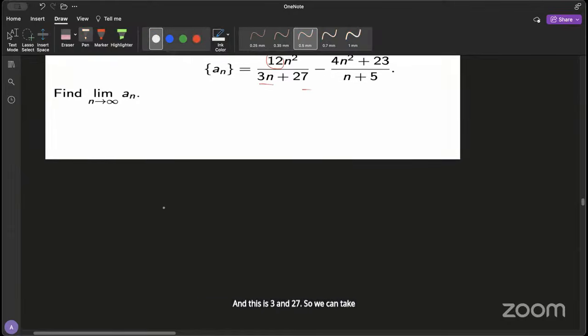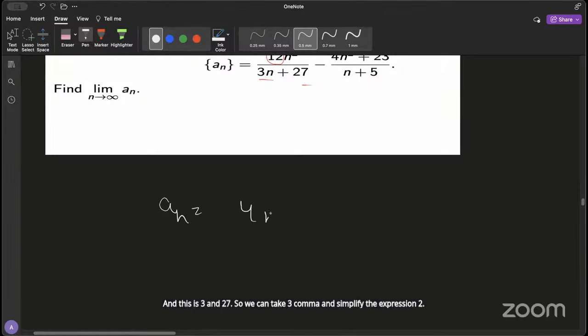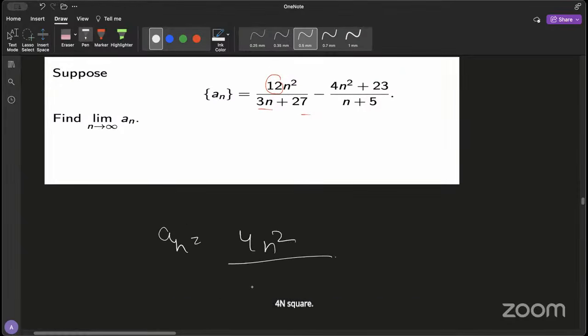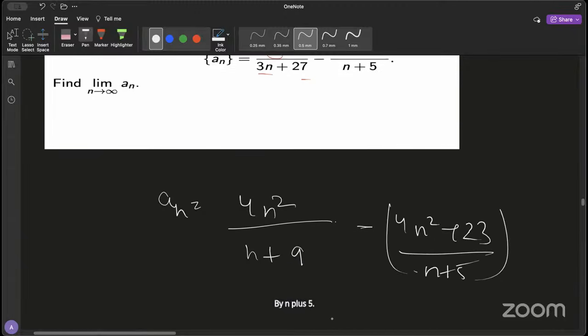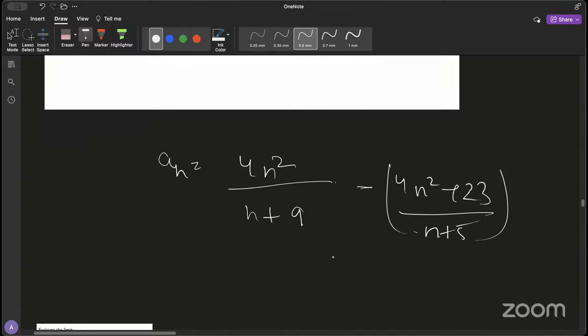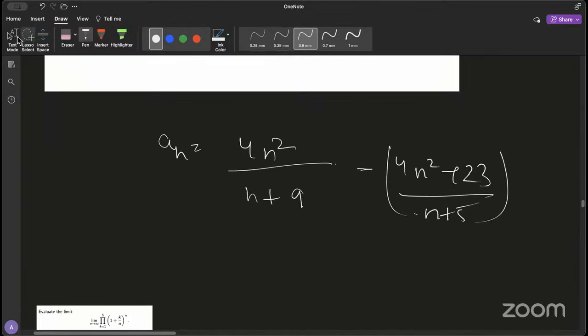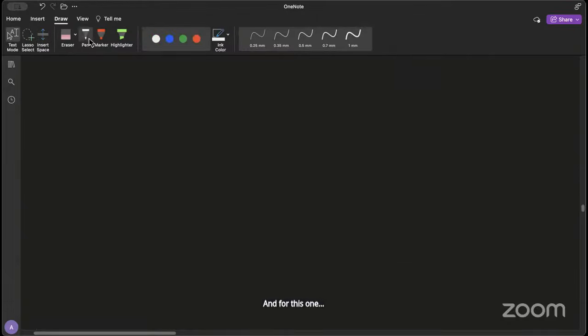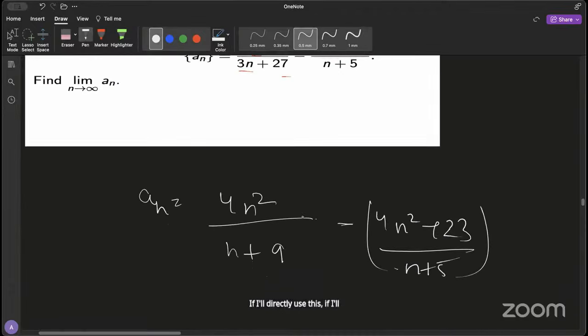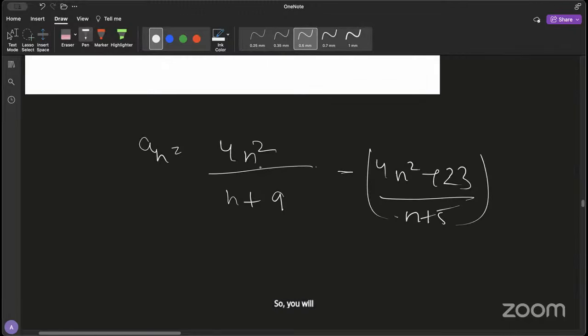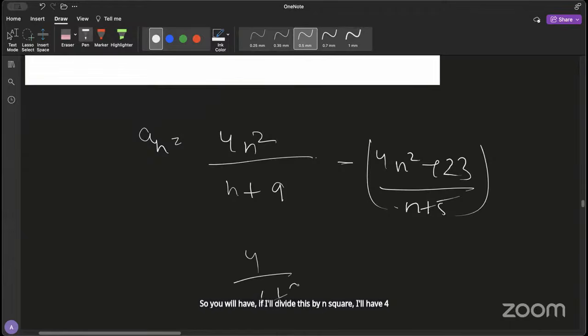So we can take 3 common and simplify the expression to 4n square by n plus 9 minus 4n square plus 23 by n plus 5. And for this one, if I simplify them separately, you will have n square, and n is tending to infinity, right? So if I divide this by n square, I'll have 4 by 1 plus 9 by n.